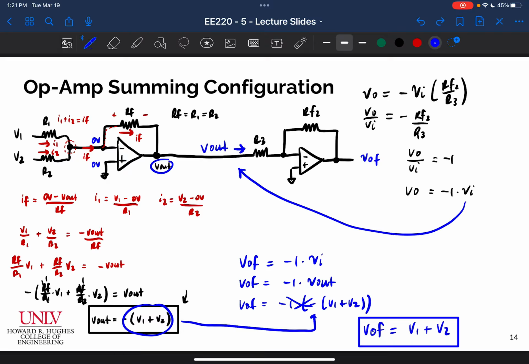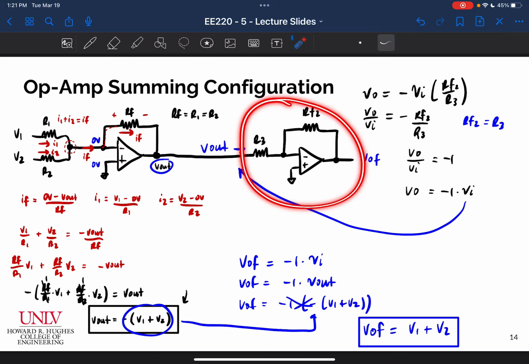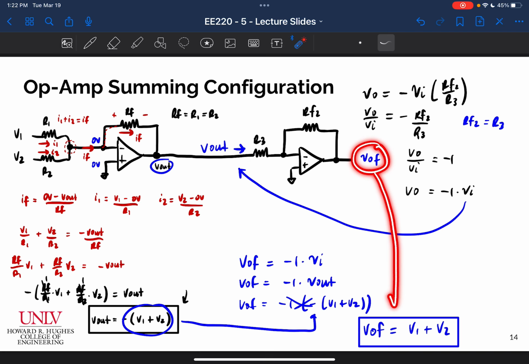And if I want to do the second stage and get my negative sign, which is down here, to go away, then I need to implement an inverting amplifier, which will give me a gain of -1, so that I can take my output from my first stage and feed it into an amplifier with a gain of -1. And what I end up with is my final output voltage gives me the sum of my initial two input voltages.